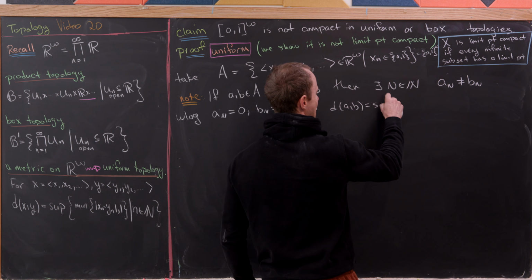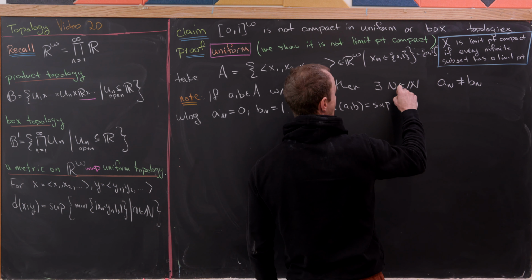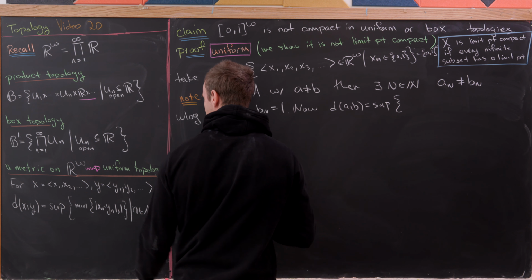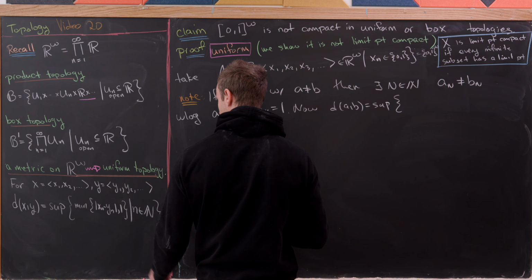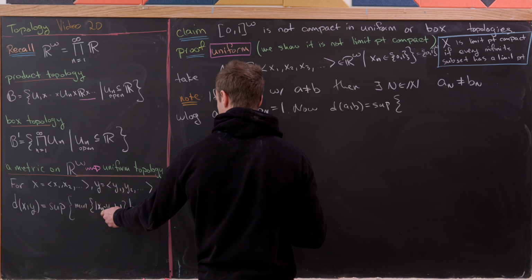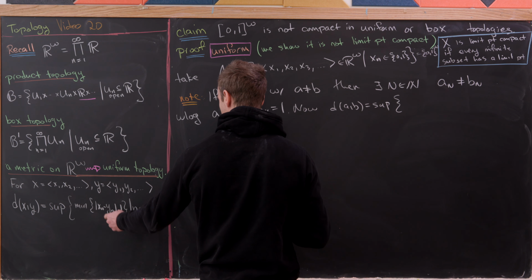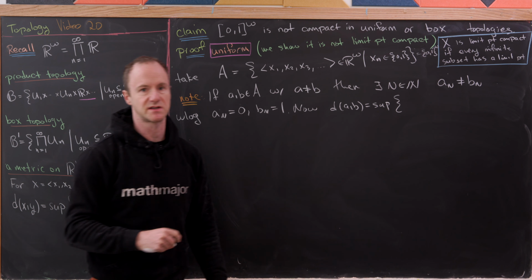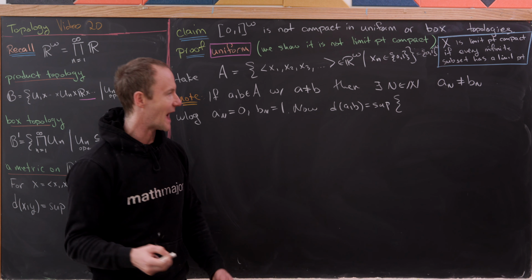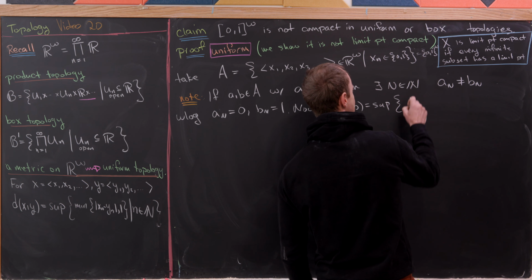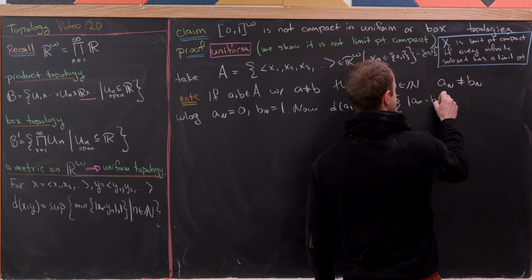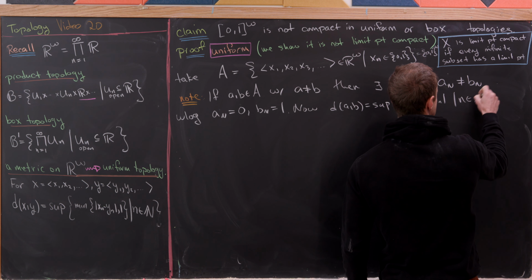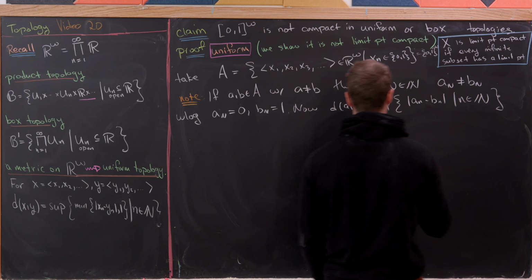So let's observe that that is the supremum of the minimum of the difference and 1, but notice that the difference is either equal to 0 or 1. So the minimum of the difference and 1 is just the difference, really the absolute value of the difference. So here we have the supremum of the absolute value of a_n minus b_n as n runs through all natural numbers.